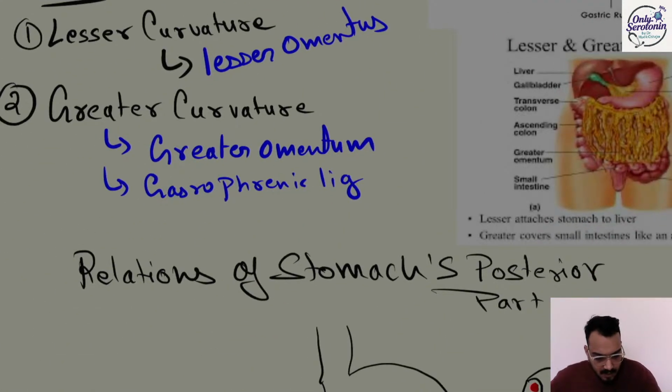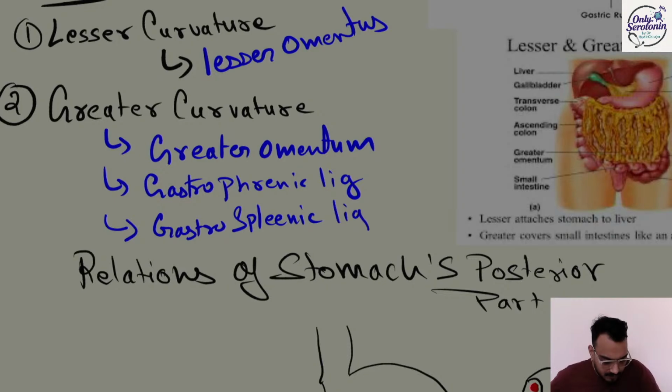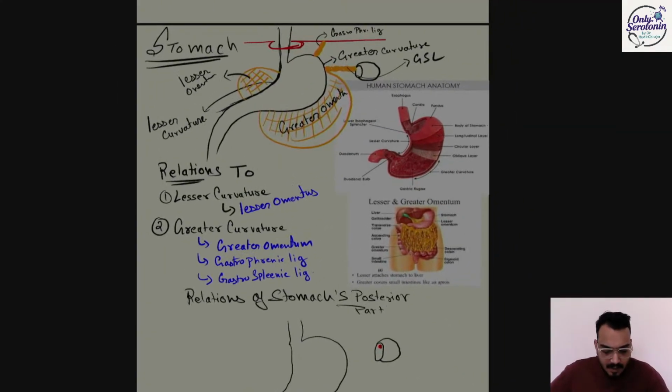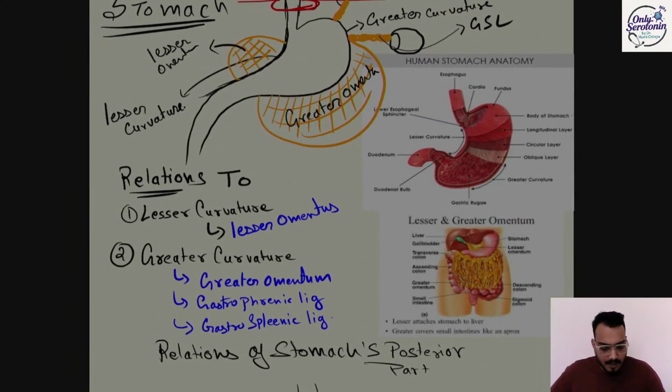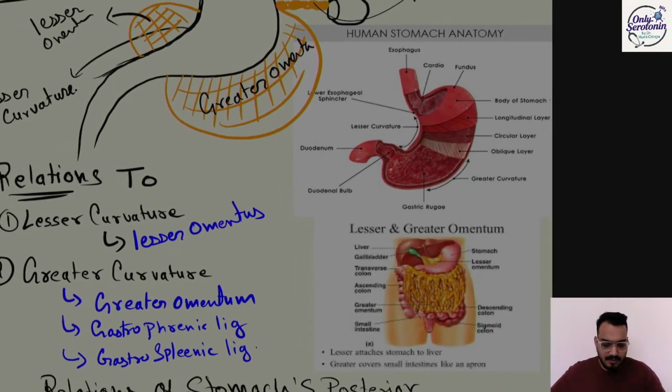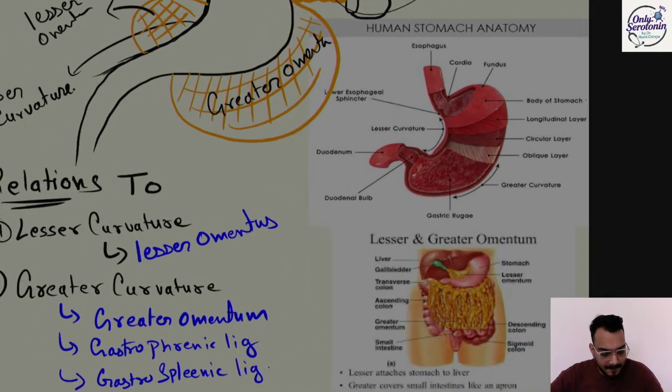Let's write this also. So on the greater curvature, I am having three things: greater omentum, gastrophrenic ligament, and gastrosplenic ligament. Done, guys. These are my relations of the stomach on the anterior side, or the anterior as well as the lateral side.